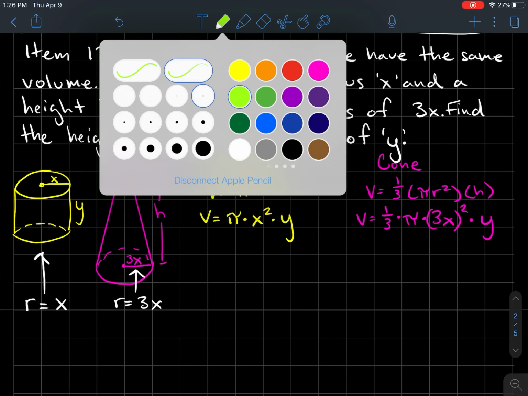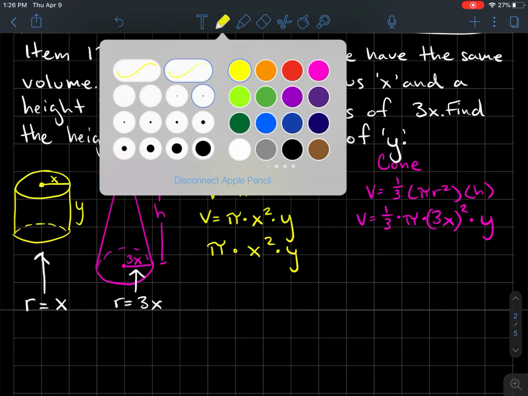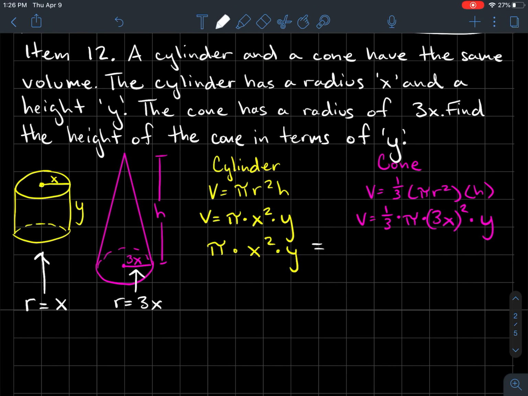So on my next line, for my cylinder, I have pi times x squared times y. And we're going to set it equal to the volume of the cone, which is 1/3 times pi times 3x squared times y.